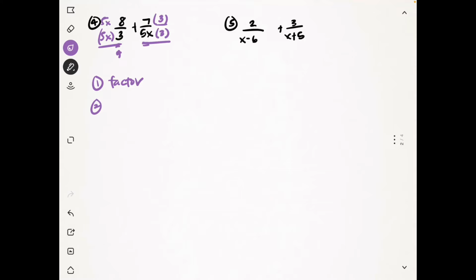But what we do in the bottom, we got to do in the top, right? We're balancing out this fraction. Okay, so what we have here when we multiply it is going to be 5x times 8 is 40x over 5x times 3, sorry, is 15x.